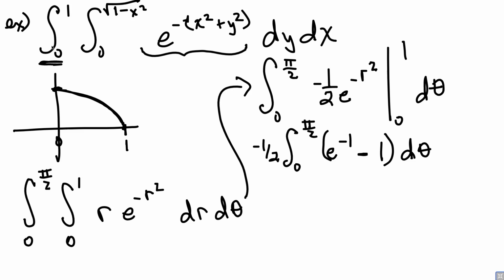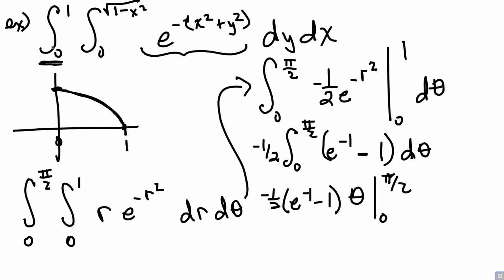So now I'm going to integrate this. It's going to be negative 1/2 times e to the negative 1 minus 1 times theta, and we're going to evaluate that from 0 to pi over 2. Now, at 0, it is 0, so we don't have to worry about that. We just have to worry about pi over 2.